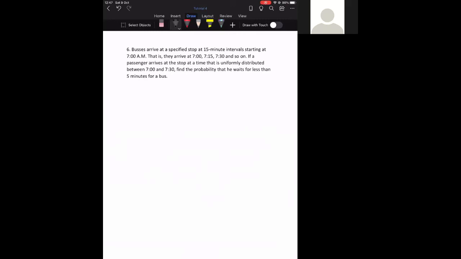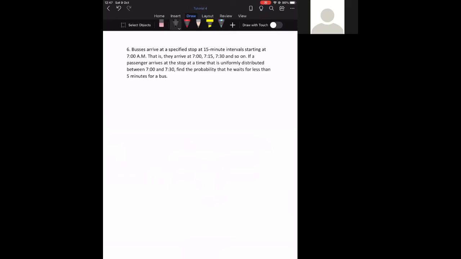Note that a uniform random variable from 7 to 7:30 just means that the passenger is equally likely to arrive at any of the time slots.